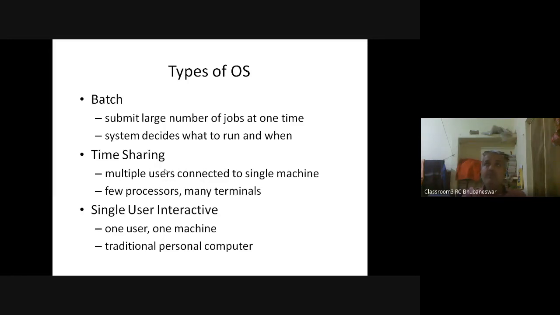Because we know that primary memory is responsible for storing data during execution. Before execution, data should be present in the primary memory.